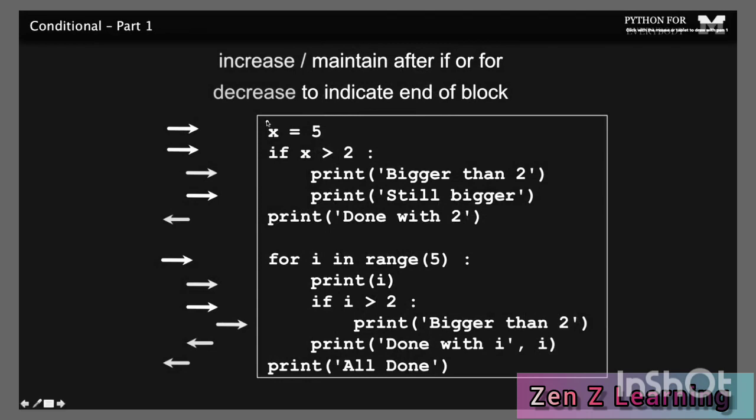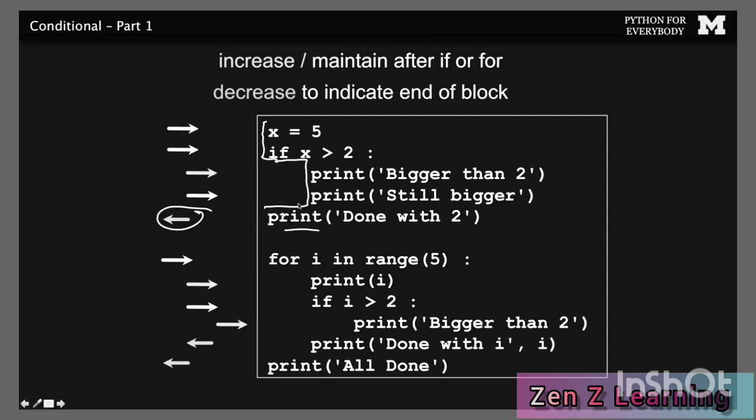So we have sequential code, which maintains the same indent. Now we see the if and we see the colon. That means we start an indent. And then to stay inside that block of code, you maintain the indent. And then to end that block of code, you de-indent. So you think of this as, I'm de-indenting, I'm doing this on purpose. It's not random. If this was in, then it would function differently.